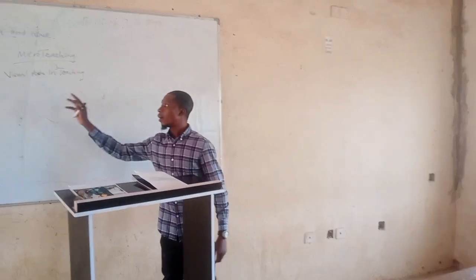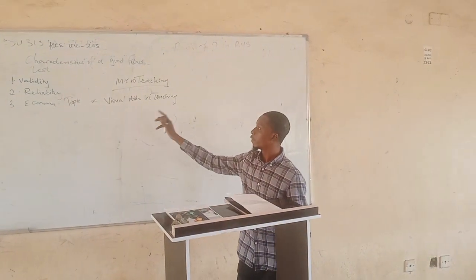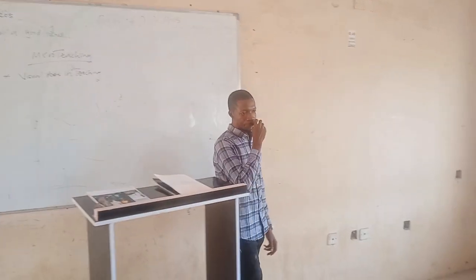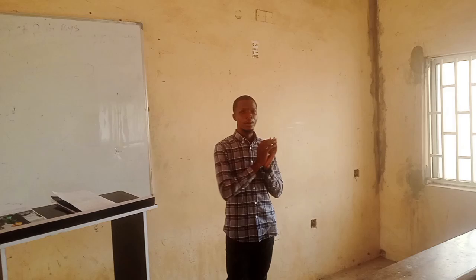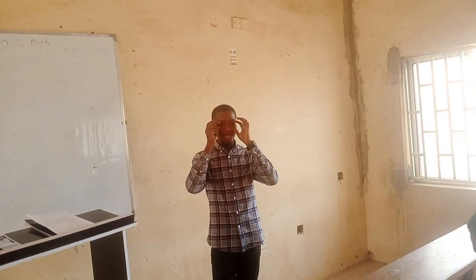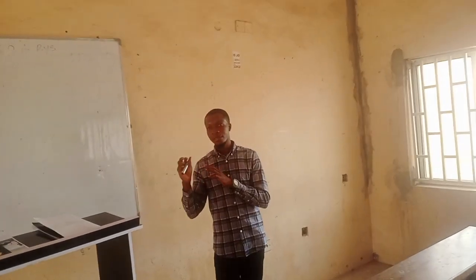Now, under micro teaching, I want to be taking a topic titled Visual Aids in Teaching. However, class, I want you students to understand what visual is. Visual is part of a sense organ that has to do with what? Eyes, something you can see. So visual is anything you can see.